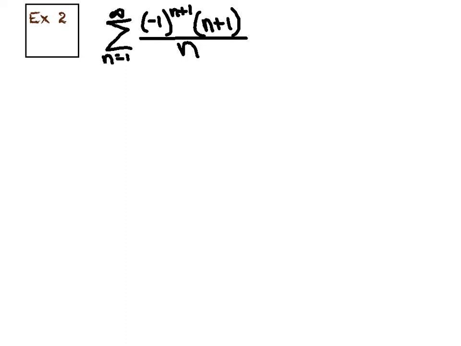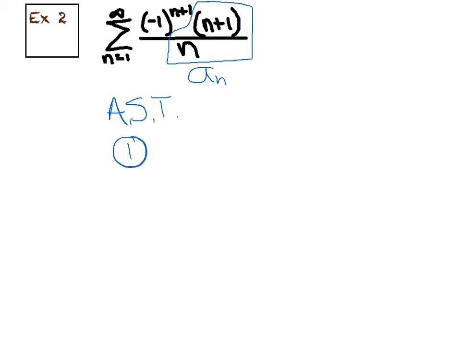Okay, here's example number 2, and if we politely ignore the -1 raised to the n plus 1 power, we could identify who our a sub n is. According to the alternating series test, and I'm just going to abbreviate it, you're going to see me say AST a lot, that's the alternating series test, we're going to check out the two conditions.